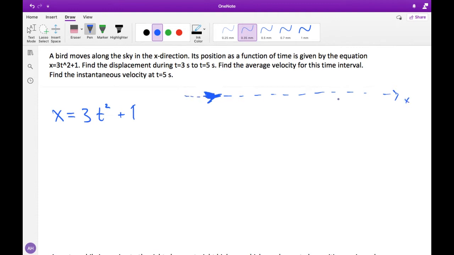So it's basically in one dimension because it's flying in the x direction, and that's also why instead of s, they're using x. If we want to find a displacement, displacement is from 2 points. Let's say right here it's time 3, and then over here, this is where time equals 5.